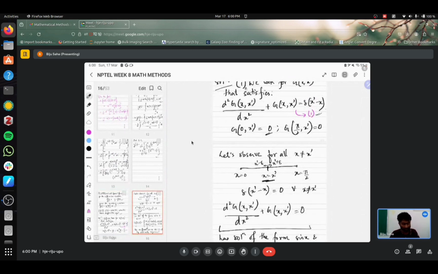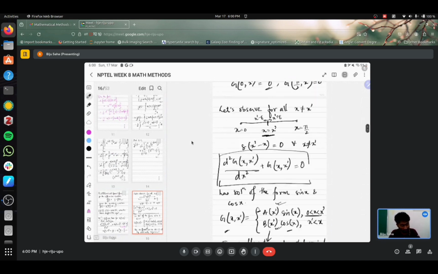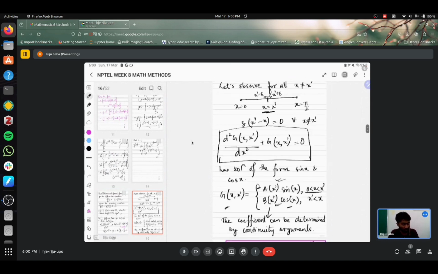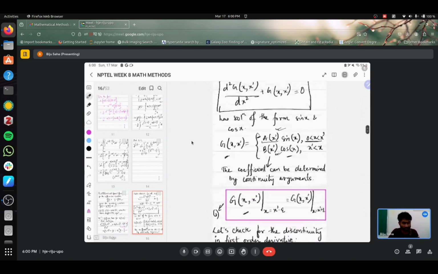At points away from x prime, the Dirac delta becomes equal to 0. The solution to this differential equation is of the form sin x and cos x. We let these arbitrary constants become functions of x, and we determine these coefficients by continuity arguments.